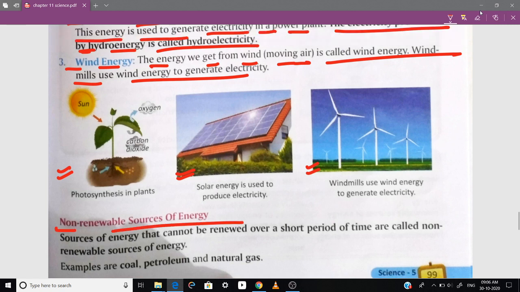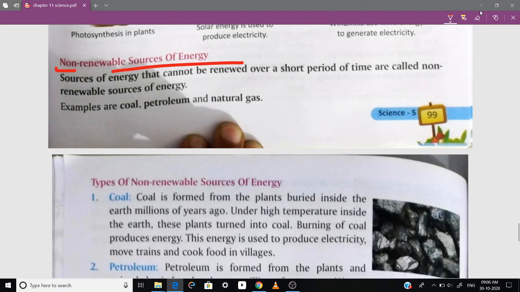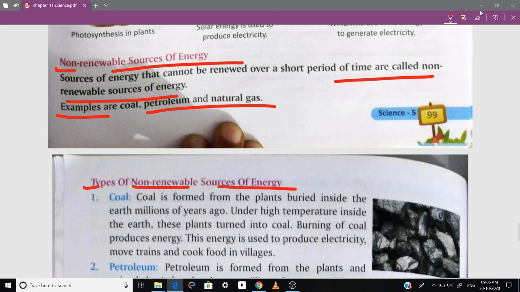Non-renewable sources of energy are those not renewed over a short period of time. For example, coal, petroleum, and natural gas. Types of non-renewable sources of energy. Number one, coal.